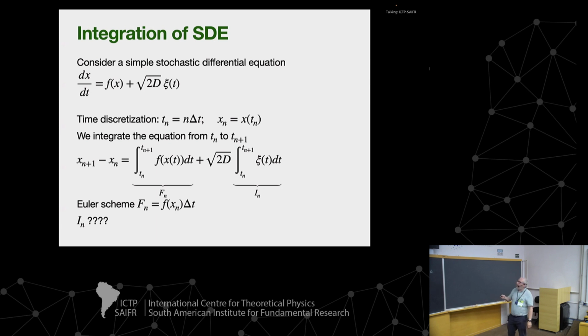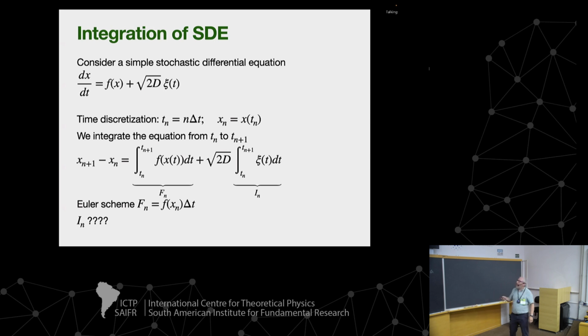So the first thing is that we're going to discretize time. That is, we consider discrete time steps, delta t, and we're going to say that x is the variable evaluated at discrete times. So we integrate this equation, it's a differential equation, between those two times, because the integration of a derivative is just the difference of the two x.